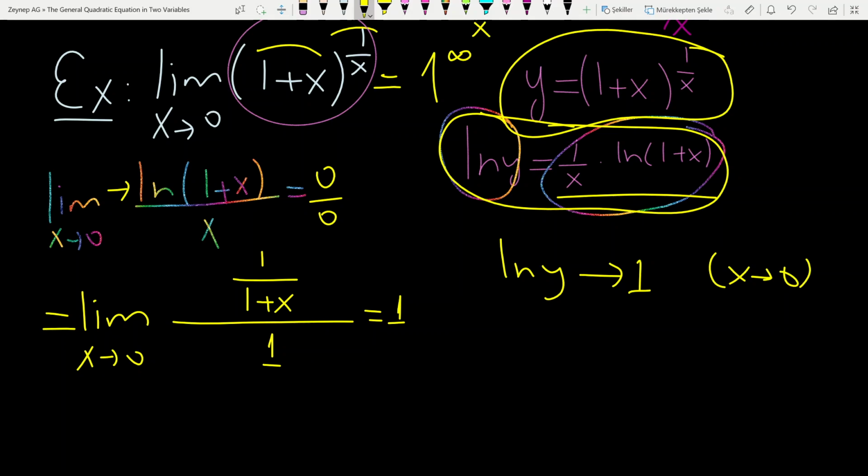What about y? When ln y goes to 1, if you take the exponential of both sides, you see that e to the power ln y, which is y, goes to e to the power 1. So the result is e, the number e, the exponential number.